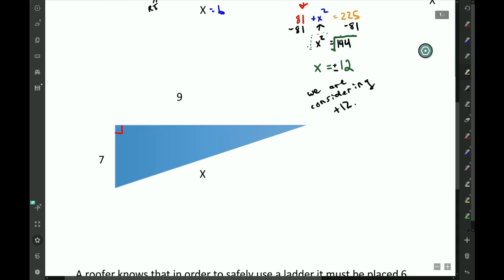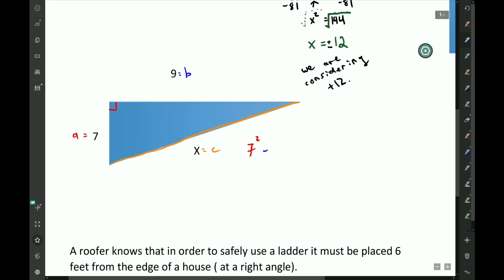So labeling A, B, and C, 9 can be our A, it doesn't really matter, or B perhaps. 7 can be A. And again, the hypotenuse in this case is what's missing, so is C. Putting it all into the formula from above, we have A squared, which is 7 squared, plus b squared, which is 9 squared, equals c squared, which is x squared.